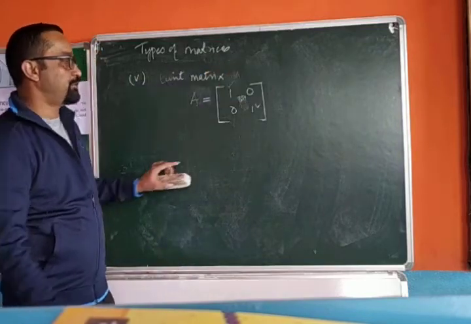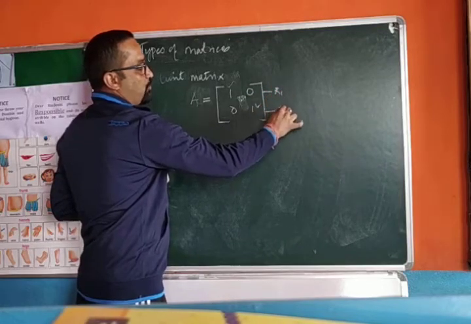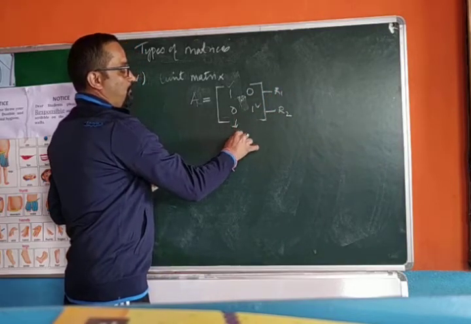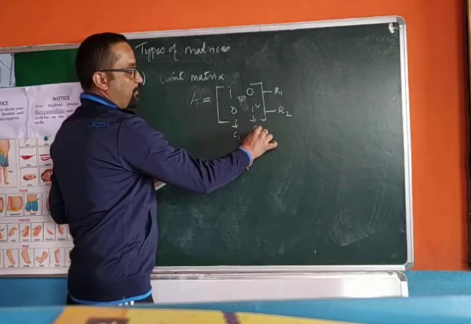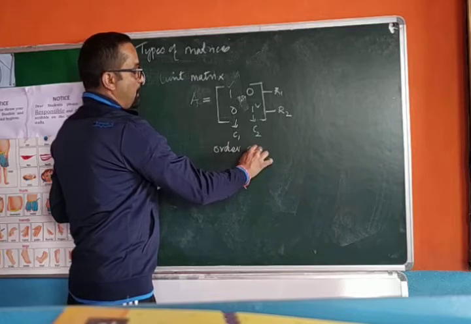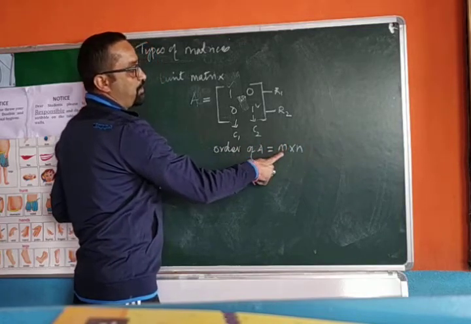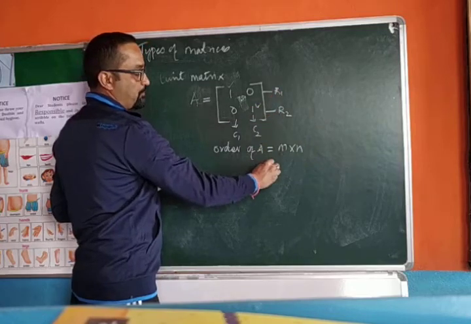So what is the order of this? First row, second row, first column, second column. So the order of A is M cross N. M stands for number of rows, 1, 2 rows.